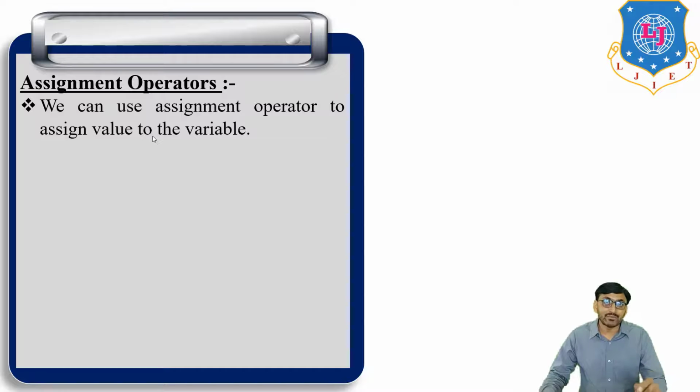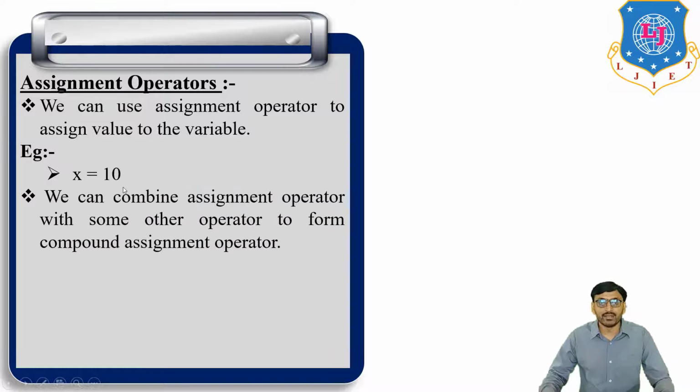For example, x is equal to 10. Here x is the variable, this equal sign is the assignment operator, and 10 is the value.